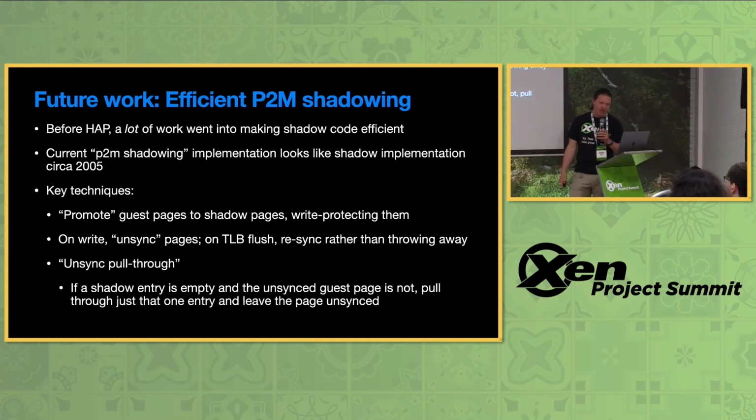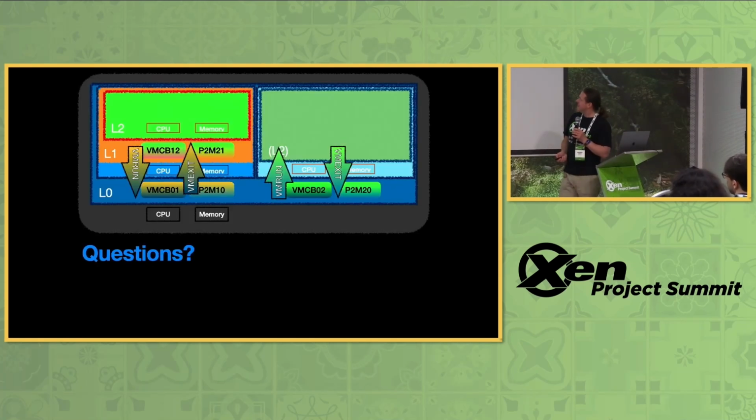And the last bit of future work I want to talk about. So again, we're going to get more and more into the hazy hypothetical stuff, right? So what we have here essentially is the P2M, right? The P2M20 is essentially a shadowed version of the P2M12. And there are a lot of parallels.